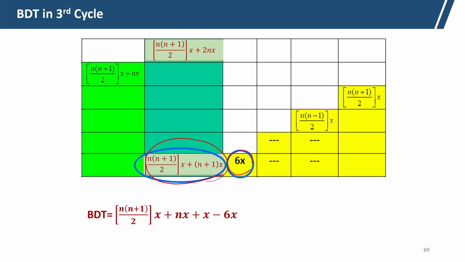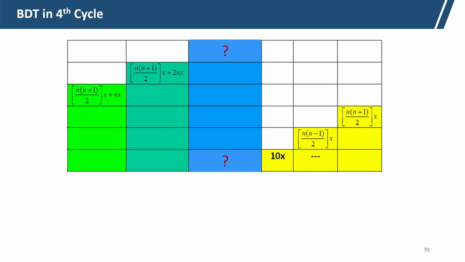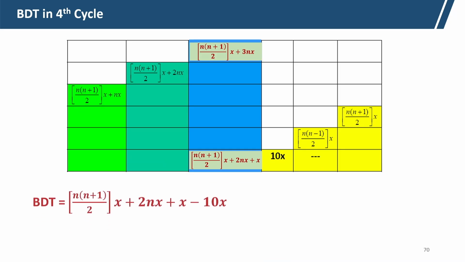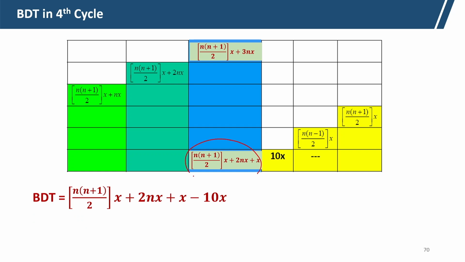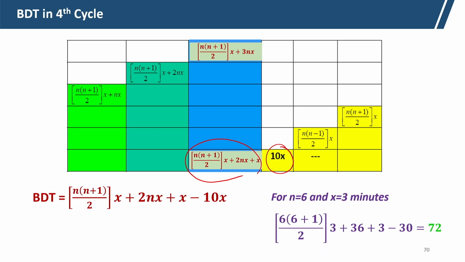For n equal to 6 and x equal to 3, we have checked that for the third cycle it is becoming 66, we have already seen physically. And for the fourth cycle again the same process will continue. Here the maximum is this one at the bottom and the minimum is here 10x. So for the fourth cycle it is 72.